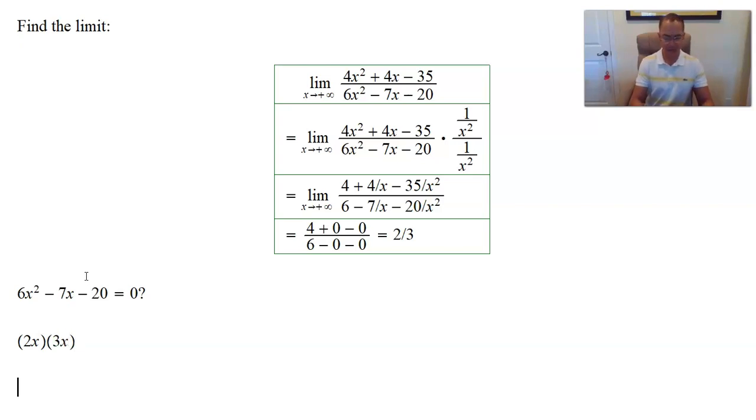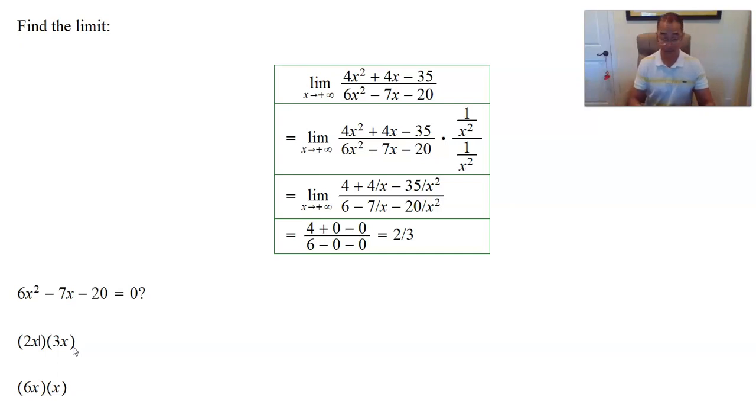After all, it is possible that we have 6x in one and x in the other. I want negative 20 to be the product of the constants, and then I want minus 7 in the cross term.